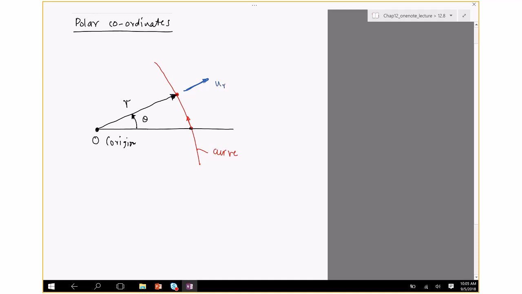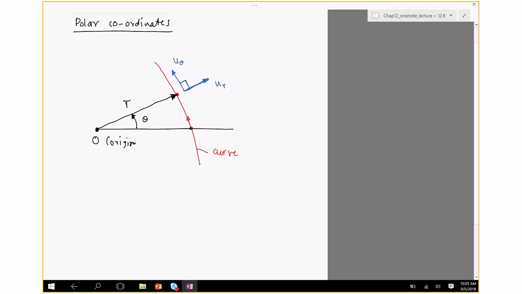Okay, it points outwards from the origin towards the position of the particle, and u theta is going to be at right angles to ur. Okay, and it's pointing in the direction which the particle is moving.